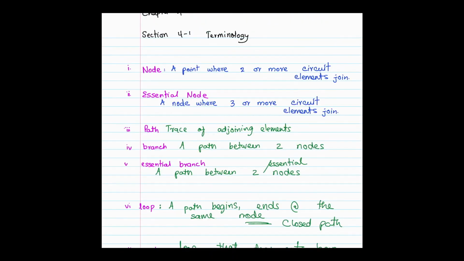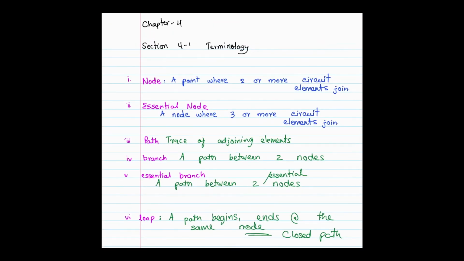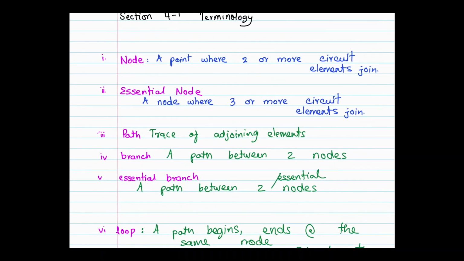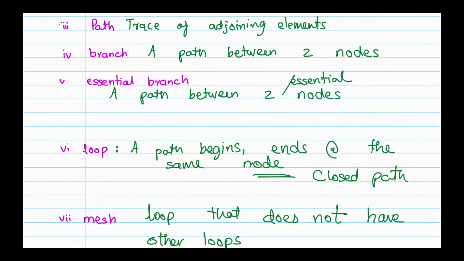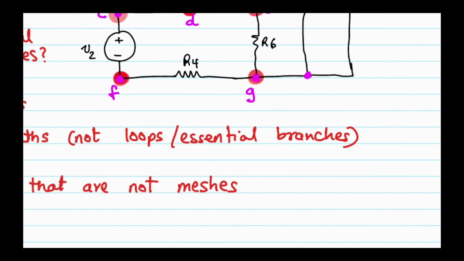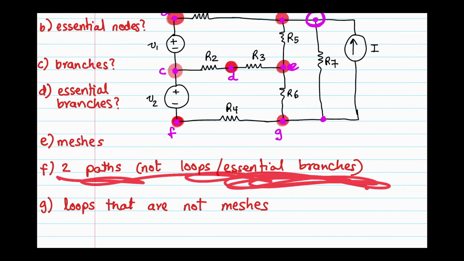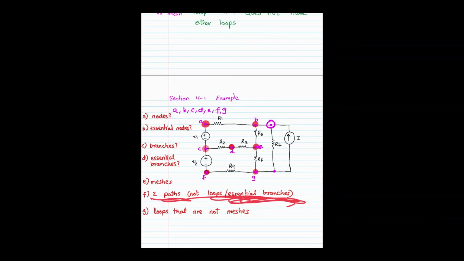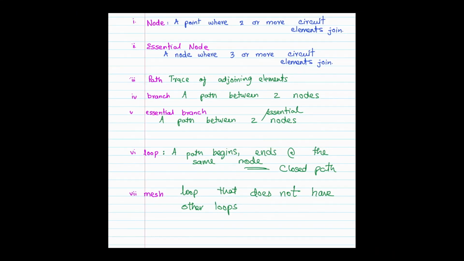Let's remind ourselves, a path is a connection between two adjoining elements. It should not be an essential branch. An essential branch is a path between two essential nodes, and a loop is a closed path.